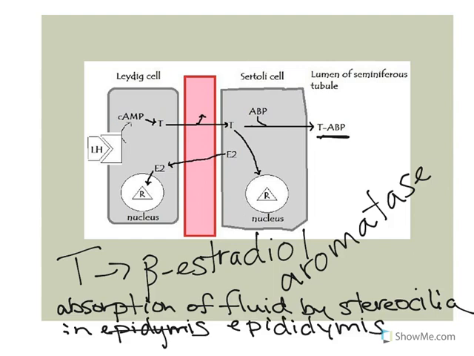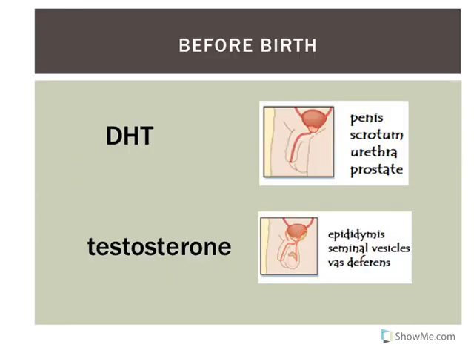There it is. That excess fluid is absorbed by the stereocilia within the epididymis. So estrogen is needed for a number of different things in the male. Now, what are some of the actions of these androgens? Androgens is the generic term for these male sex hormones.